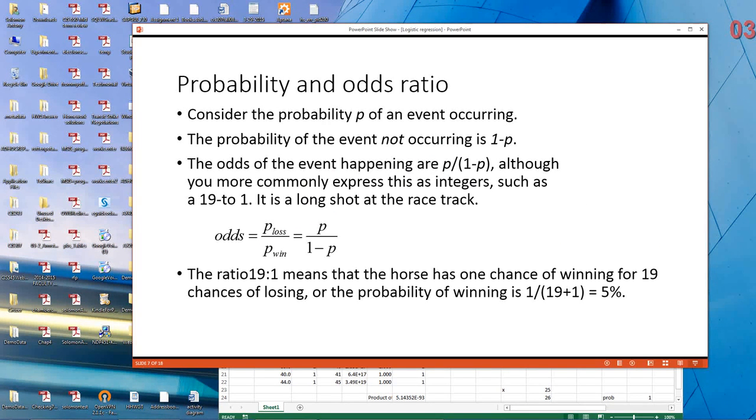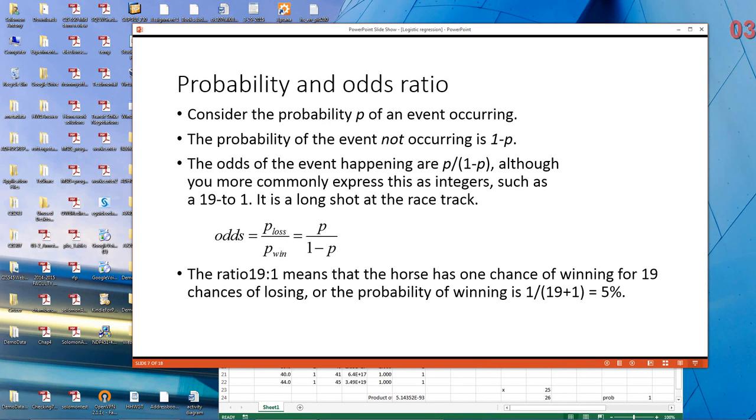And to understand how logistic regression works, we need to know about probability and odds ratio. A probability is assigned a value from 0 to 1, and it's the probability of an event occurring.